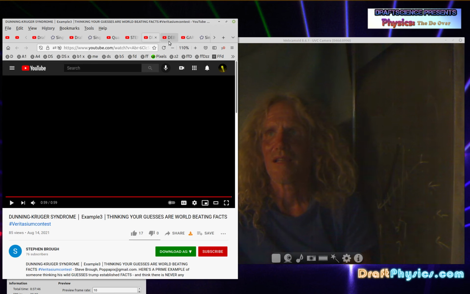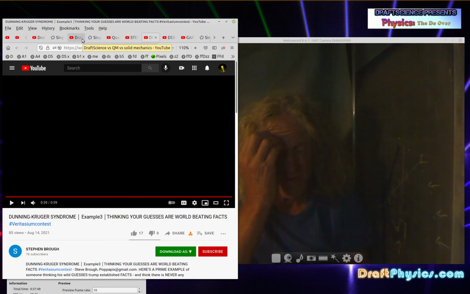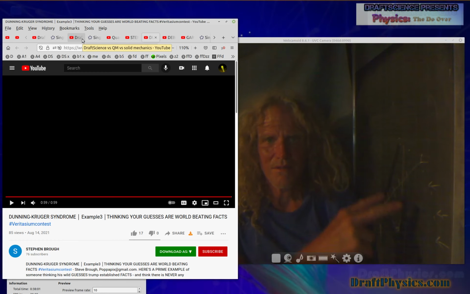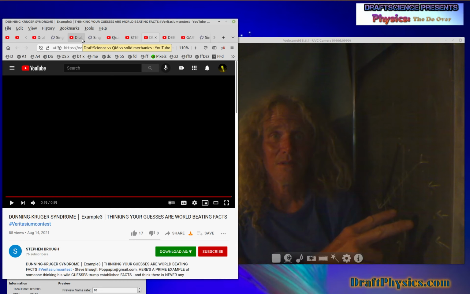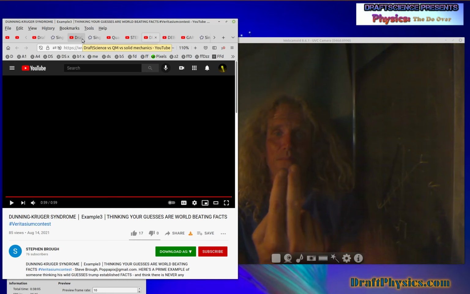So there wasn't anything that interesting in all of this mush. So he has, from his own opinion, proven that you can change the number of nodes, the number of points that create interference, by moving an impediment between a slit.